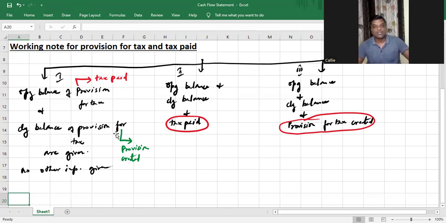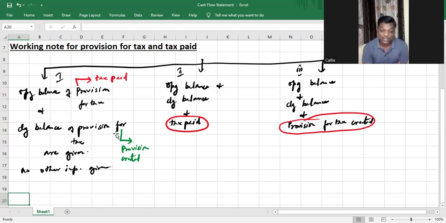So basically, if the cash flow statement question only gives you the opening balance of provision for tax and the closing balance of provision for tax, and it does not tell you what the tax paid amount was, or how much provision for tax was created during the year, then you can assume that the opening balance of provision for tax was the tax paid during the year and use it appropriately in the cash flow statement whenever tax paid information has to be used.